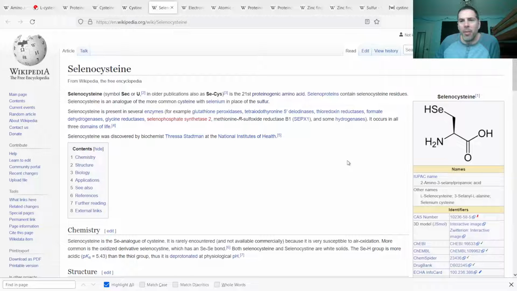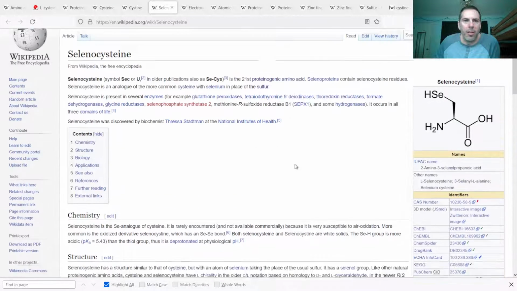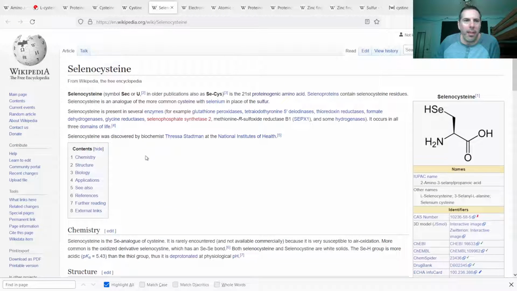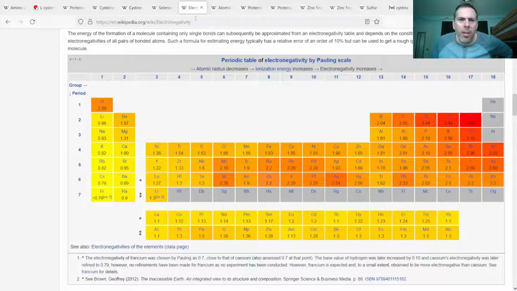So I already mentioned everything about selenocysteine, just the pKa being different. And just to show here, this is the electronegativity using the Pauling scale.